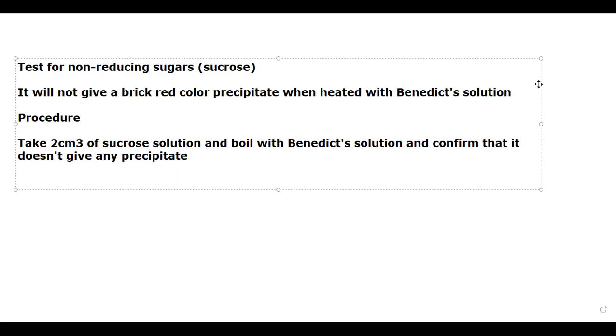First thing you have to do is that. So that confirms sucrose is not giving any precipitate.